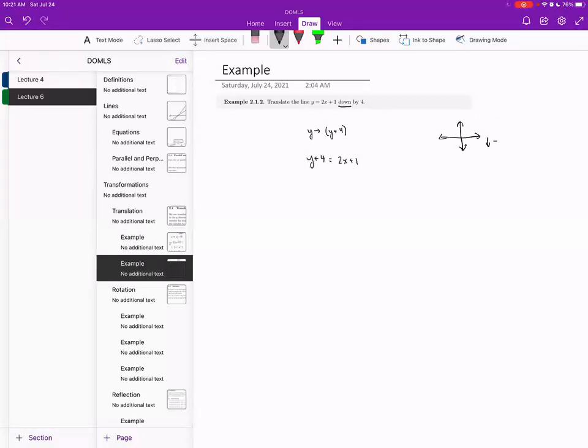In other words, y equals 2x minus 3. Another way to think about this is that we already have everything solved for y, so shifting down by 4 is the same thing as just subtracting 4 from all the y values. When we subtract 4, we just get 2x minus 3. It's essentially the same idea.